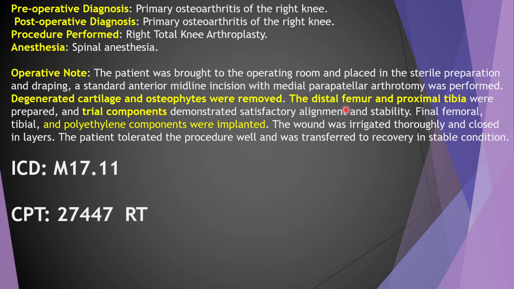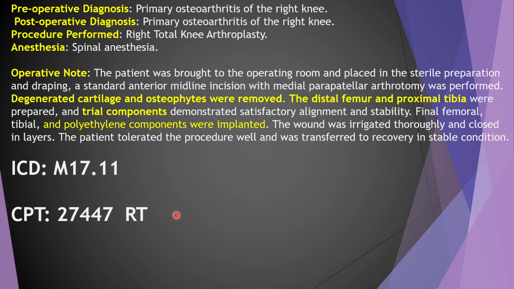Second, the distal femur and the proximal tibia were prepared, that is the compartments, and the trial components demonstrated alignment and stability, and the components were implanted. So this shows the trial component, degenerated cartilage and osteophytes, that is bone spurs, removed. All of these say that this one is a total knee arthroplasty.